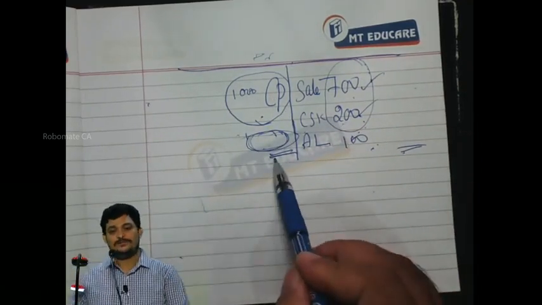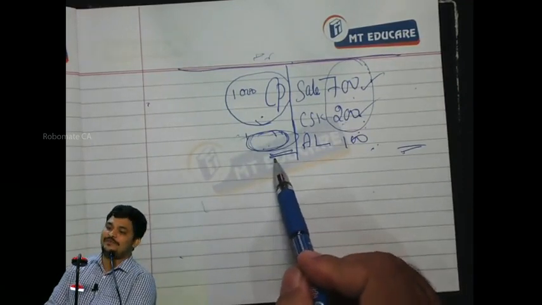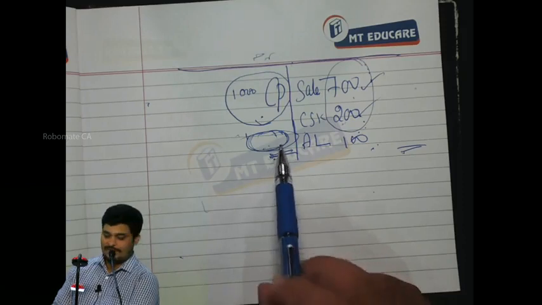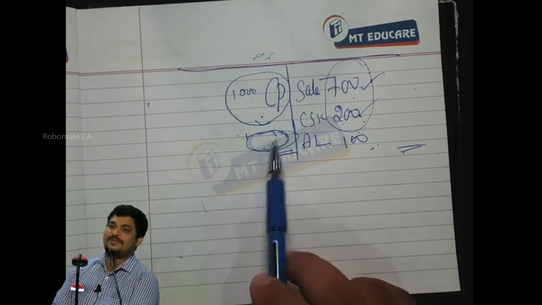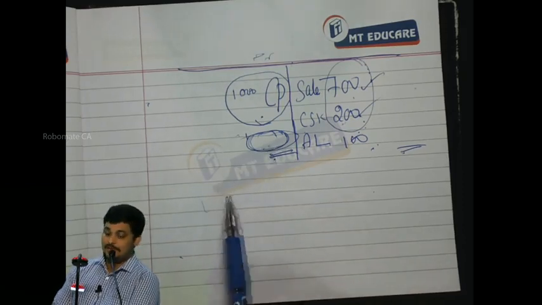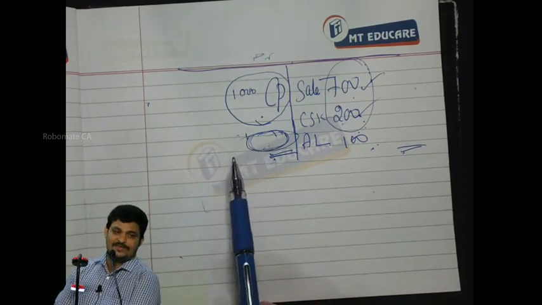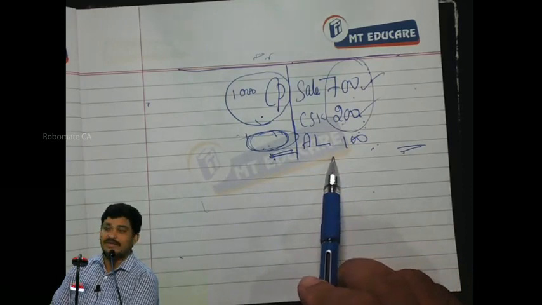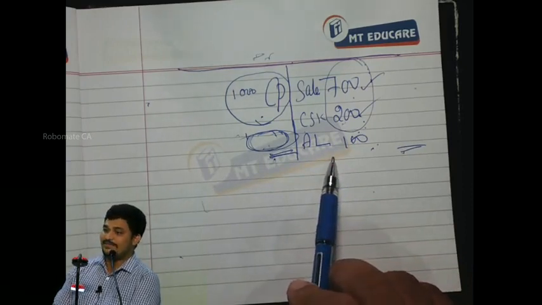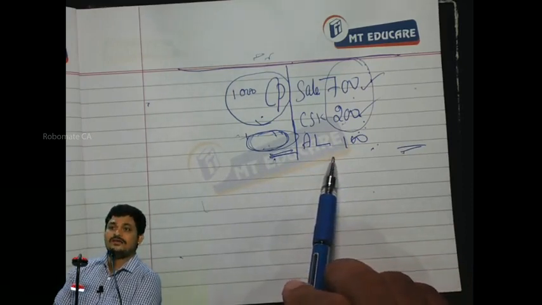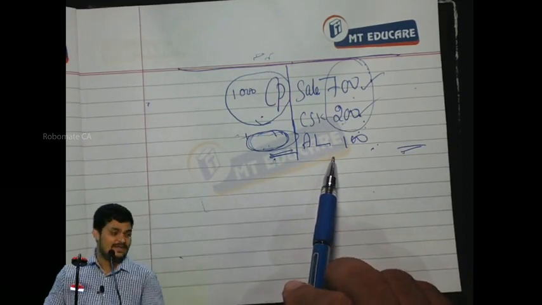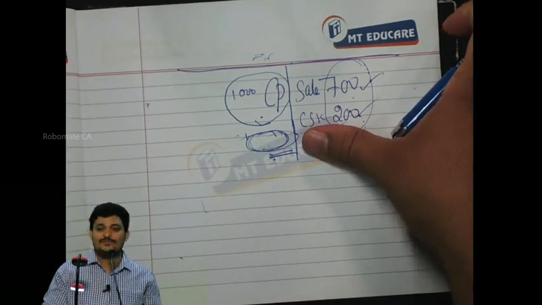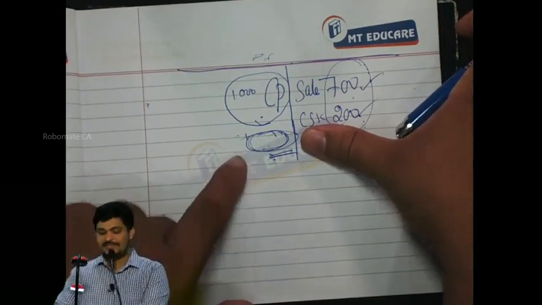This gross profit is before abnormal loss. Please understand. By crediting abnormal loss in trading, you are not booking the loss. You are eliminating the loss. If you don't make an entry, the loss is booked.